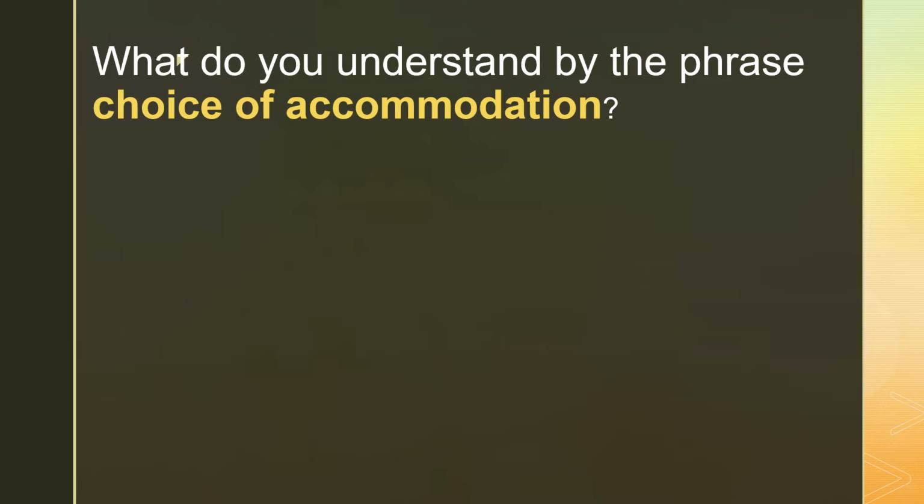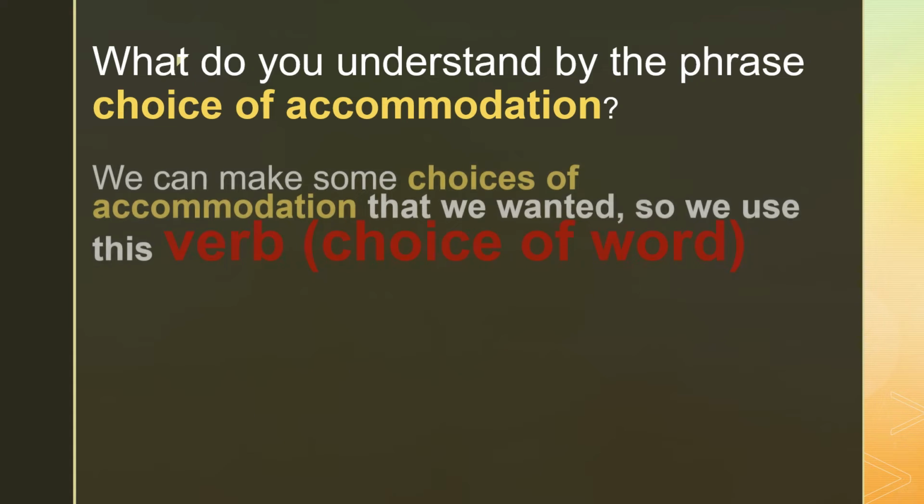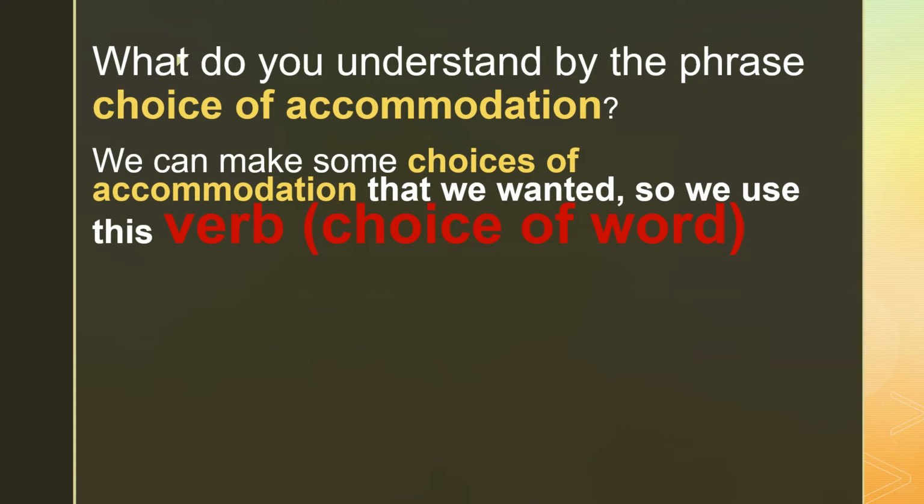Alright, looking at the question, what do you understand by the phrase choice of accommodation? We can make some choices of accommodation that we wanted. So we use this verb.